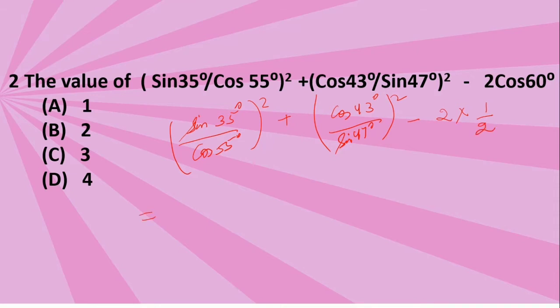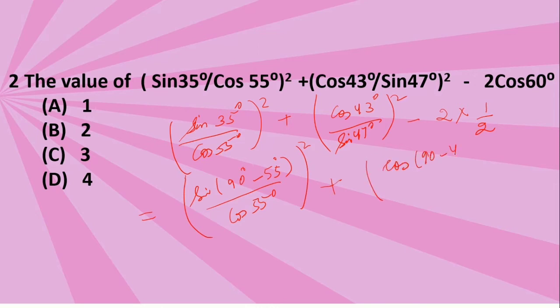So sin 35 you can write like this, sin 90 minus 55, upon cos 55 degree whole square plus, you can write like this, cos 90 minus 47 degree upon sin 47 degree minus 2, cancel this, so it will be 1.